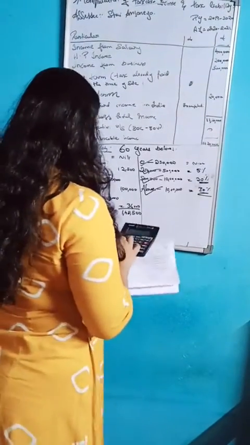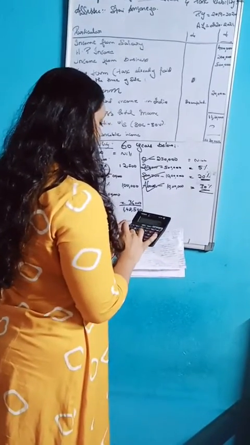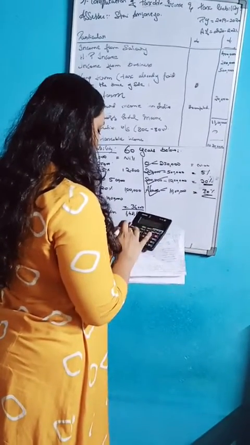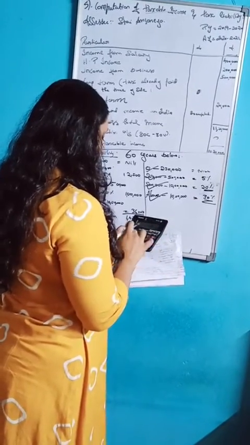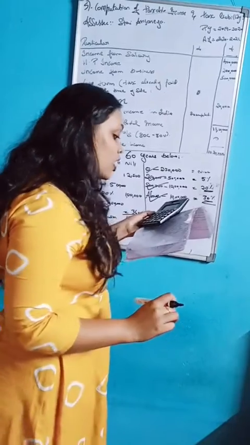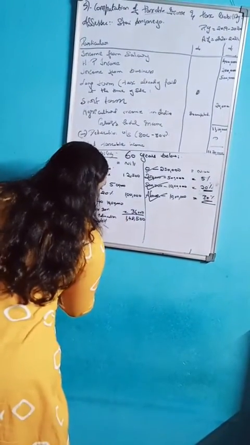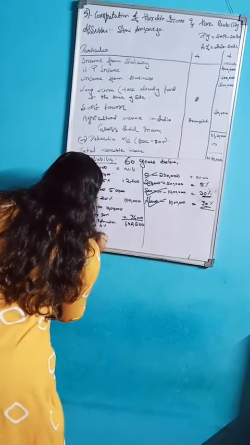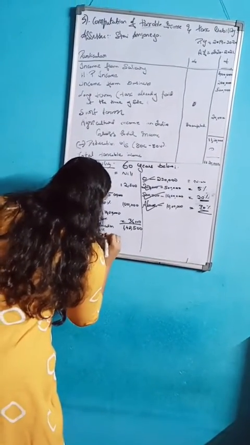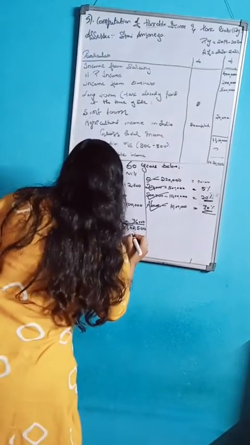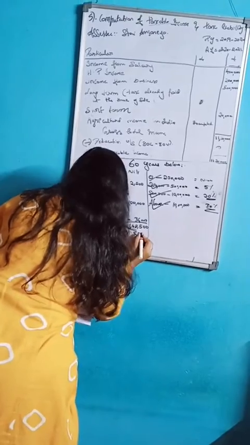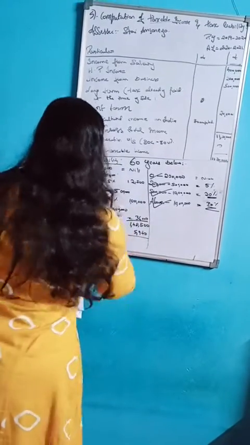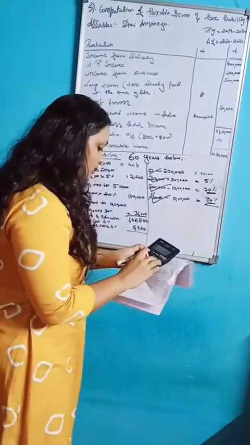So 1,48,500 into 4%, you will get 5,940. Okay.